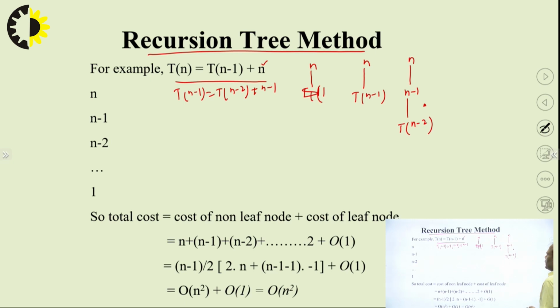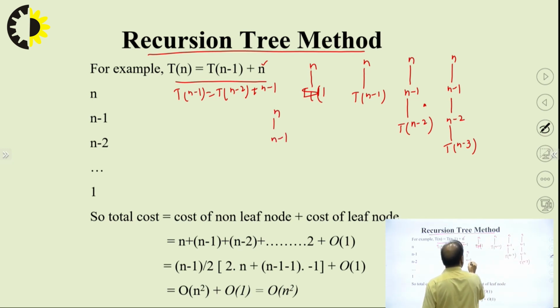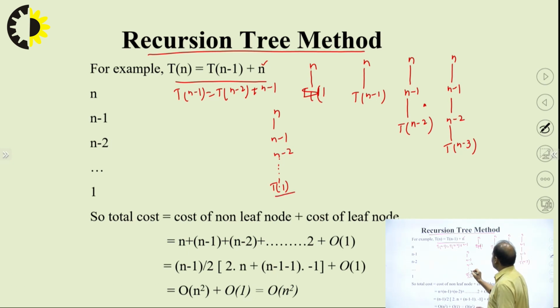This will continue with n-1, then n-2, and this will become T(n-3). In the recursion tree this continues until we get 1, and ultimately we terminate it at T(1). So this is the leaf node, and up to here it is not a leaf node.